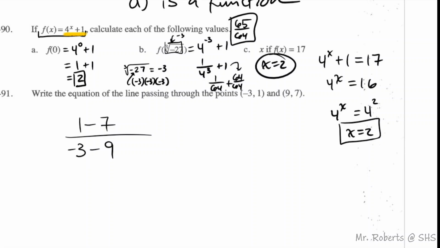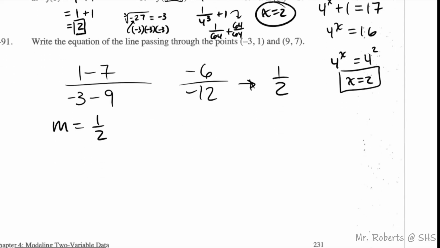First minus the second. 1 minus 7 is negative 6. And negative 3 minus 9 is negative 12, which is so cool because that's going to make this positive 1/2. So my slope, m, equals positive 1/2.